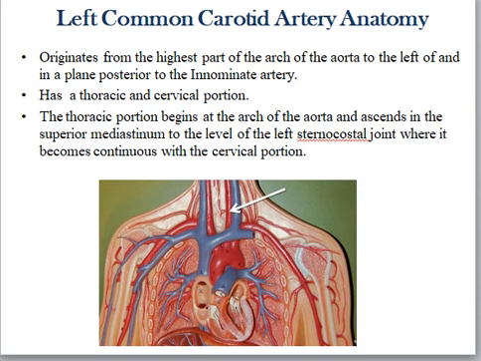Coming on to the left common carotid artery, it originates from the highest part of the arch of aorta to the left of and in a plane posterior to the innominate artery. It has both thoracic and cervical portion. The thoracic portion begins at the arch of aorta and ascends in the superior mediastinum to the level of the left sternoclavicular joint where it becomes continuous with the cervical portion.